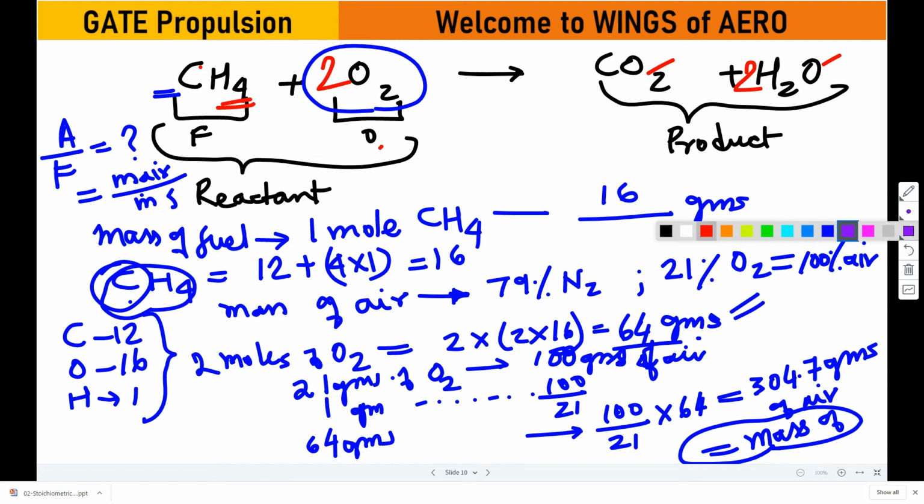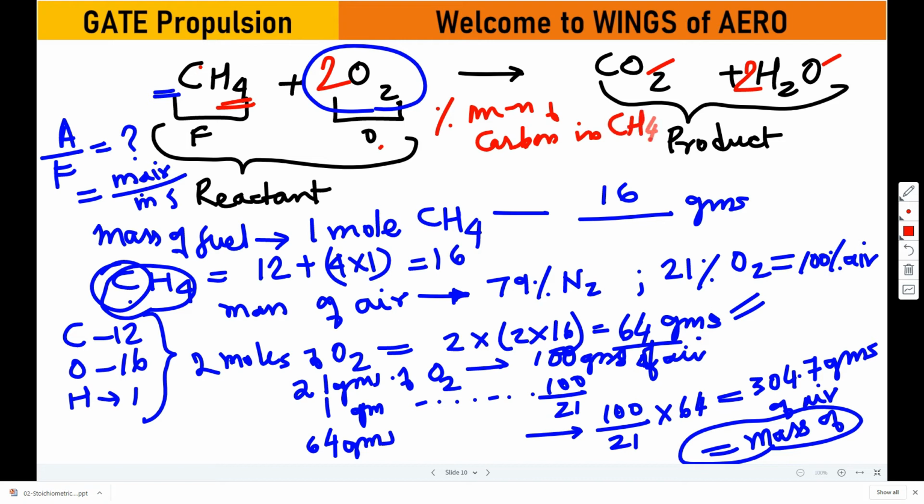Let me change the color. That means the percentage of mass of carbon in CH4. To find the mass of carbon in CH4, you first write down the molecular weight, and divide by the total molecular weight, times 100, to get the percentage of carbon. Here, how many carbons are there? Only one atom.